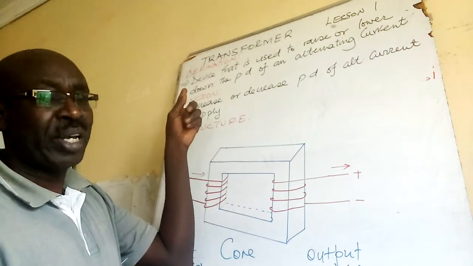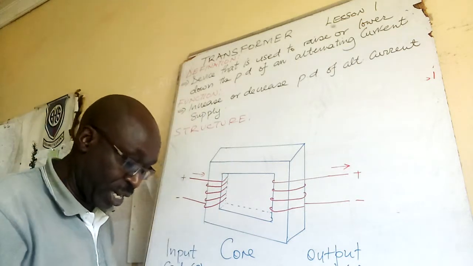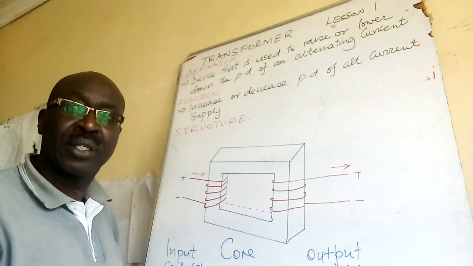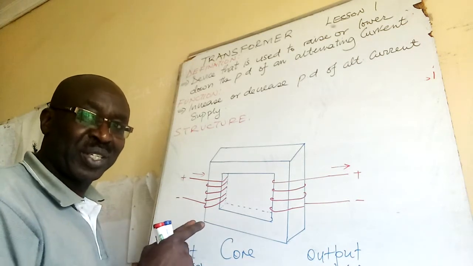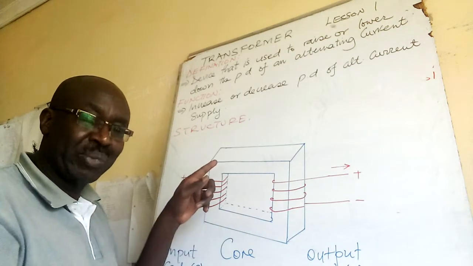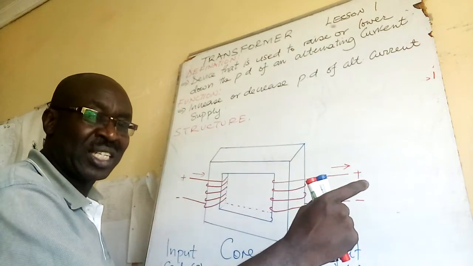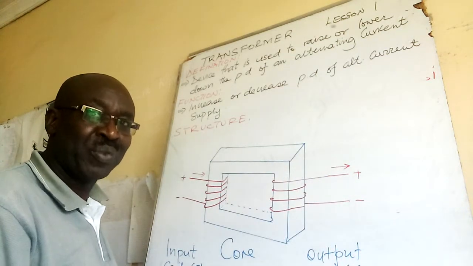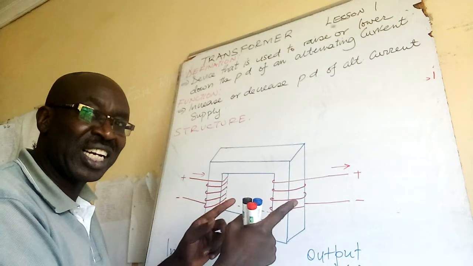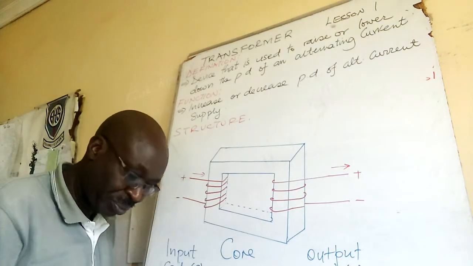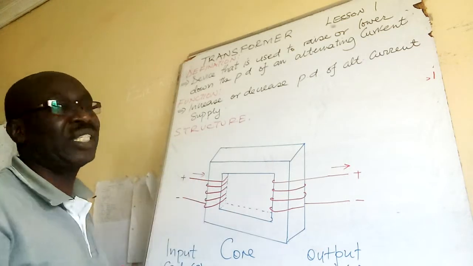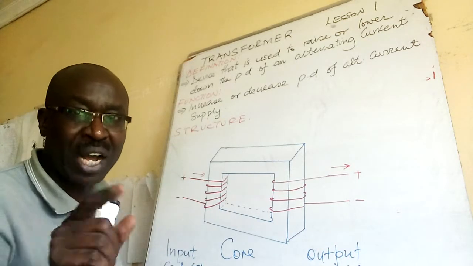And that is made use of in the transformer. Okay? And in the last lesson I talked of that circuit which replaces the magnet and there is a conductor on the right hand side; we make use of that in the induction coil. Okay? Induction coil.